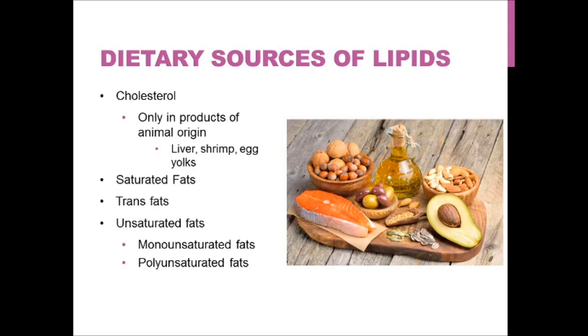The types of fats that are in our body or in our diets: saturated fats, trans fats, and unsaturated fats. So remember that trans fats and saturated fats are the worst ones for you. Trans fats being the absolute worst, being found in some of our more processed foods like cookies, crackers, anything that you might find in a box or packaged from the store.